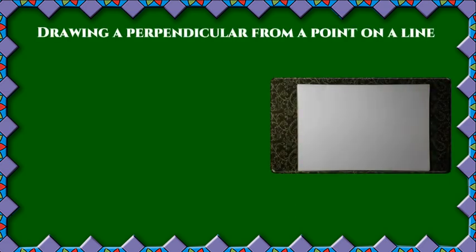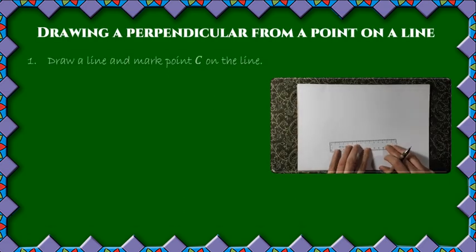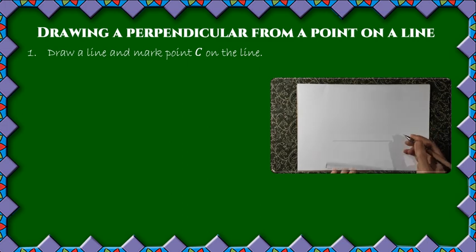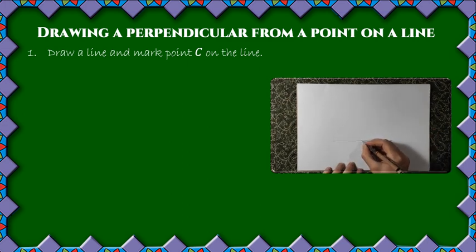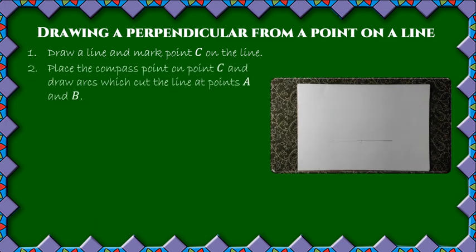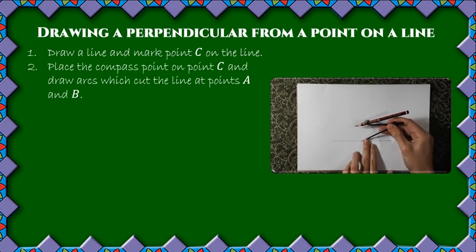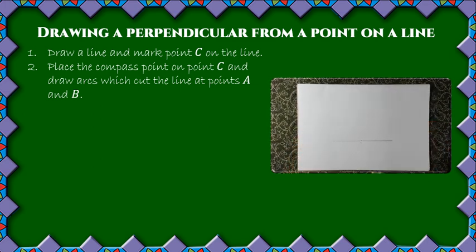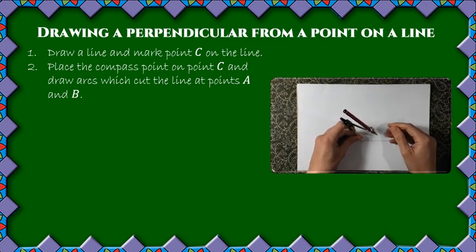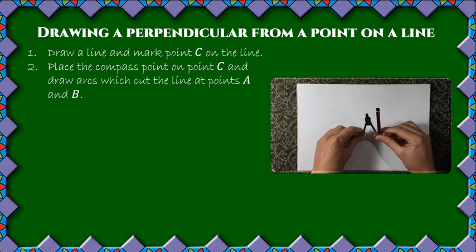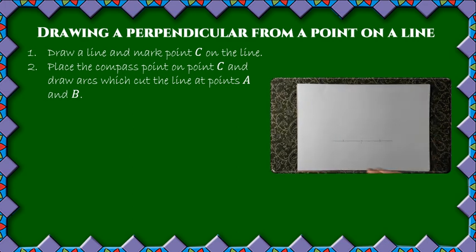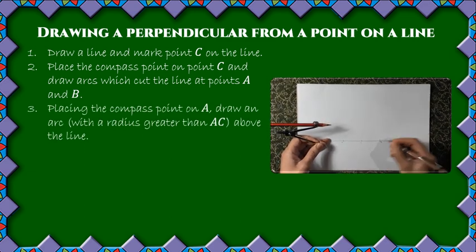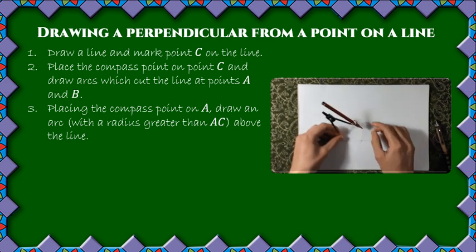Now drawing a perpendicular from a point on a line. Draw a line and mark point C on the line. Place the compass point on point C and draw arcs which cut the line at points A and B. Placing the compass point on A, draw an arc with a radius greater than AC above the line.